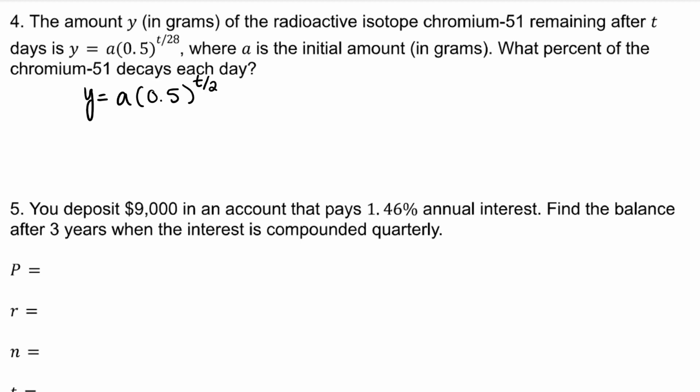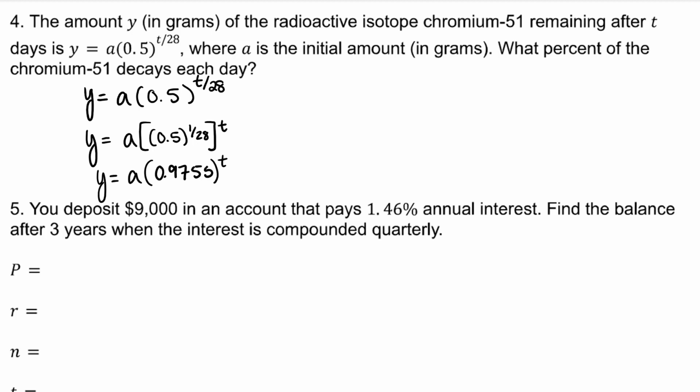So let's rewrite this. Instead of t divided by 28, I'm going to rewrite my exponent as 1 over 28 times t. Now I'm going to use a calculator to get an estimate of 0.5 to the 1 over 28, which is approximately 0.9755. Here is the real base of my exponent t.